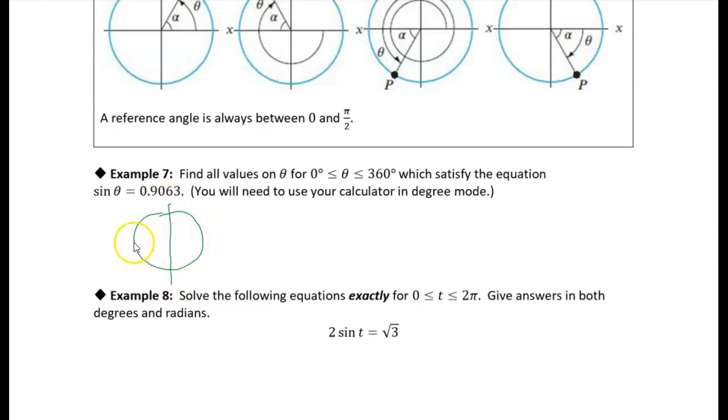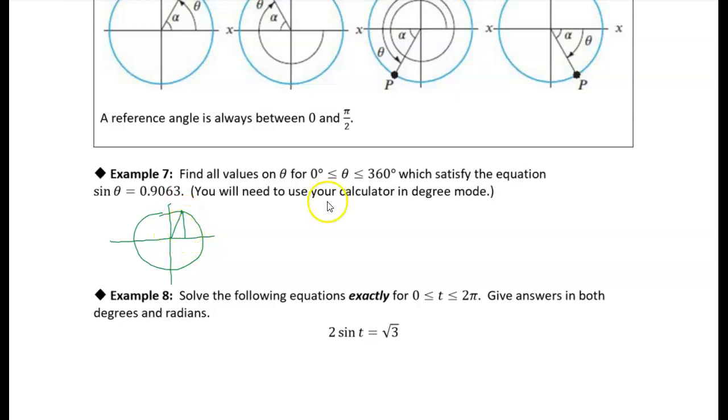And I know that my sine value is about 0.9, so that's pretty high. So let's say it's about there. Okay, that's a sine value of 0.9. It's going to be closer to 90 degrees than not. So it's somewhere about there, right?